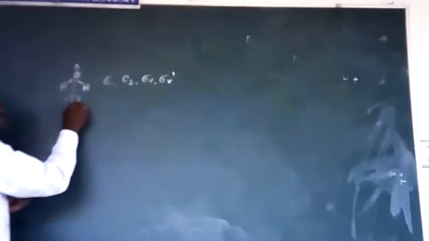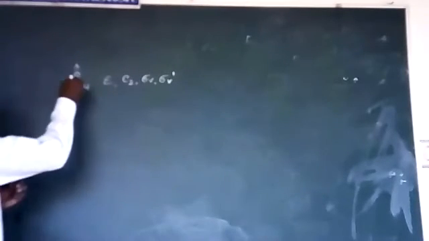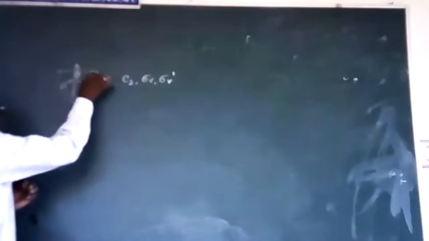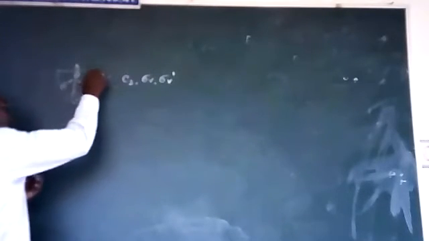So the C2 is here. This is the C2 axis. And a plane is also there, that is the sigma V. Another molecular plane where the molecule can be cut into two thin sheet-like structures, that is sigma V dash. Both are vertical planes because both the planes contain the principal axis.